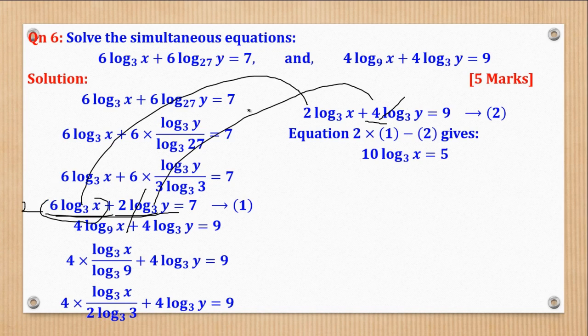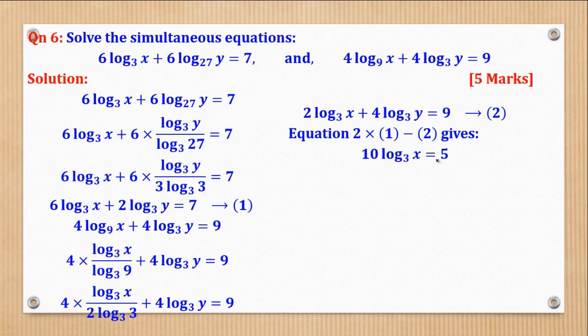So 12 minus 2 gives you 10. That's why you see 10 here. Then this was multiplied by 2 to get 14. So 14 minus 9 gives you 5. Then I can take this 10 this side to get a half.